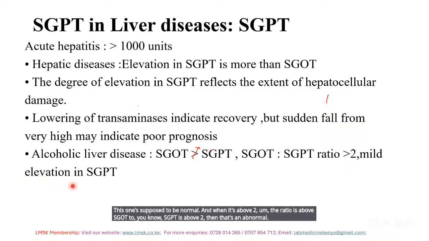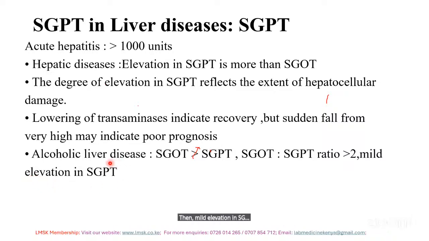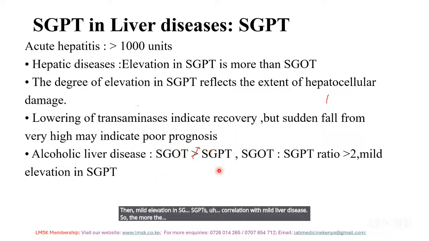Then mild elevation in SGPT correlates with mild liver disease. So the more the imbalance in this particular ratio, the worse the situation. So you might want to correlate the SGPT always with SGOT and not interpret them independently.